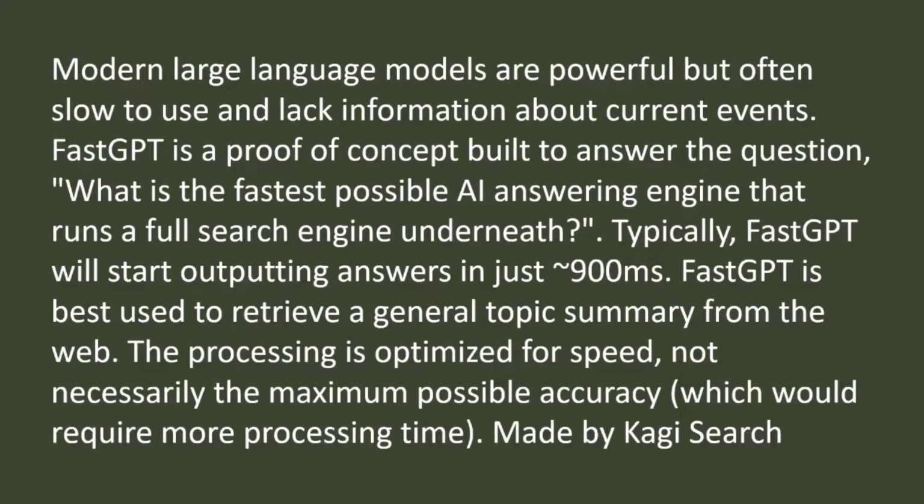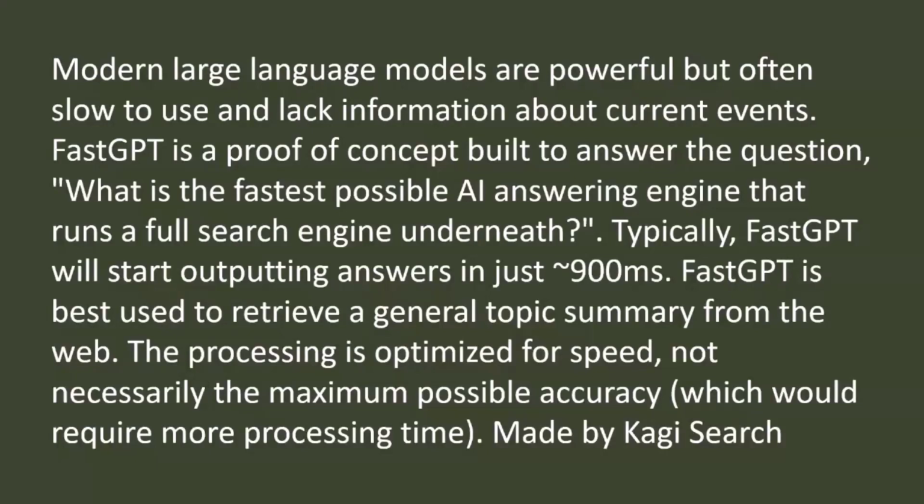Modern large language models are powerful but often slow to use and lack information about current events. FastGPT is a proof of concept built to answer the question, what is the fastest possible AI answering engine that runs a full search engine underneath?